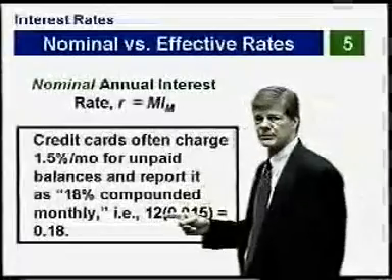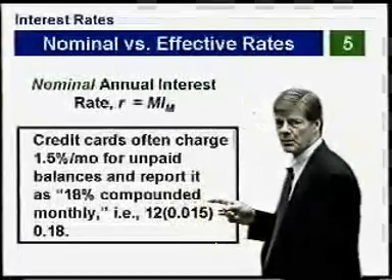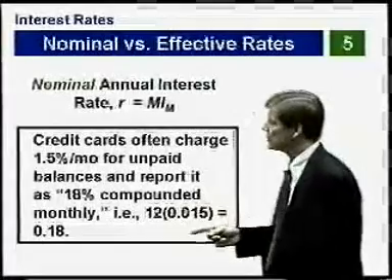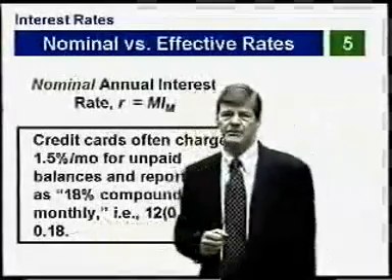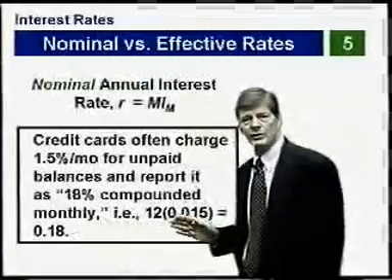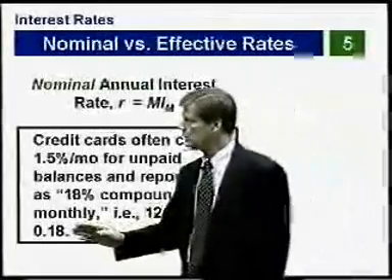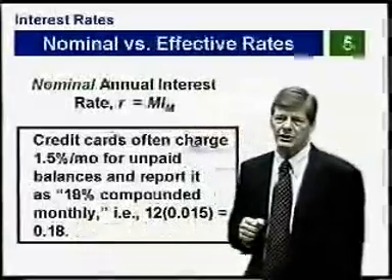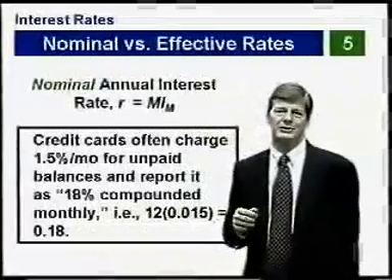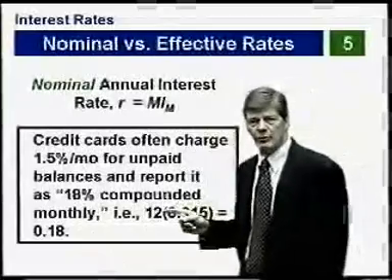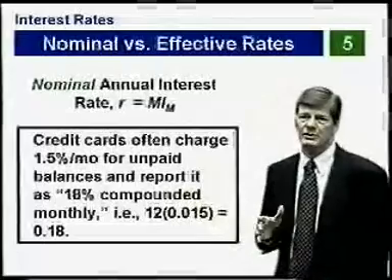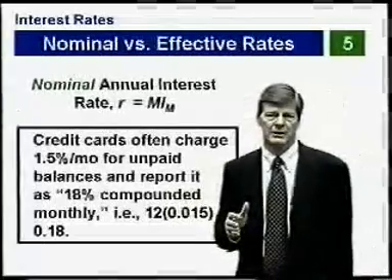They take 12 months times the monthly interest rate of 1.5%, and that results in 18%. Now, hopefully, you'll notice that this nominal annual interest rate does not take into account compound interest. Simply taking the number of months and multiplying by the monthly interest rate doesn't account for compound interest.